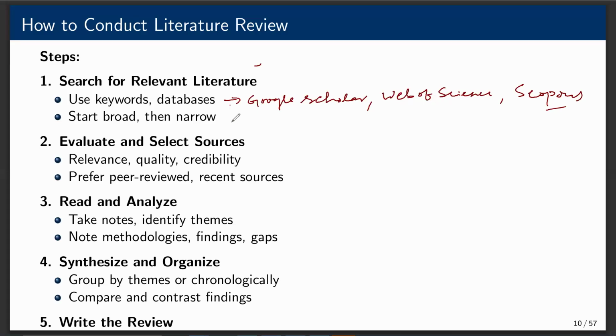Suppose I want to start with unemployment and inflation. Then I will narrow down to, let's say, the India case, from global to the Indian case. Then evaluate and select sources by relevance, quality and credibility, and prefer peer reviewed.